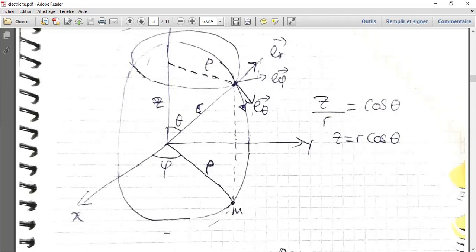The R is not a symbol for radius, but it's a letter which represents the radius between O and M. Here, if I want, I can put K. So the R is a letter which represents the radius between O and the capital M. And the rho is also a radius.